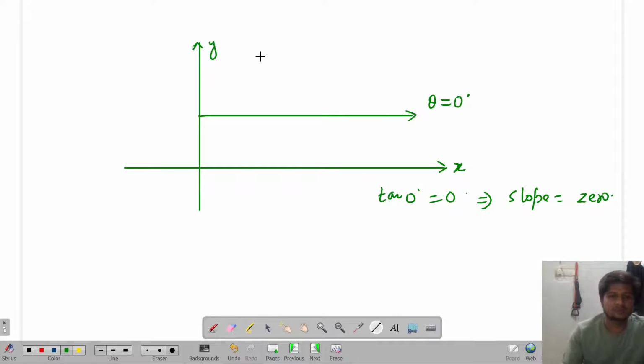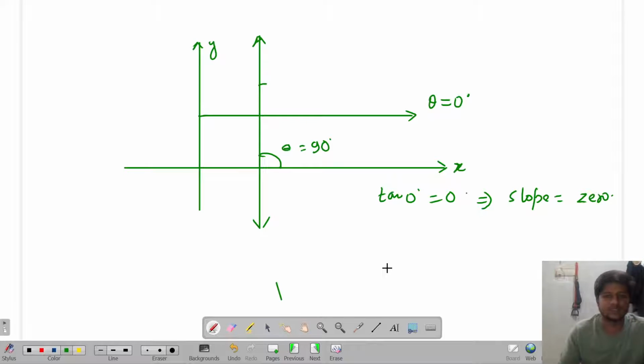Now, if the line becomes parallel to the y-axis, what is the slope for this line? Here also, what is the angle made with respect to the x-axis? It is theta equal to 90 degrees. So tan 90 is how much? It is undefined.